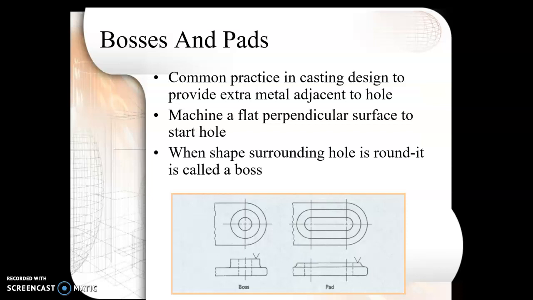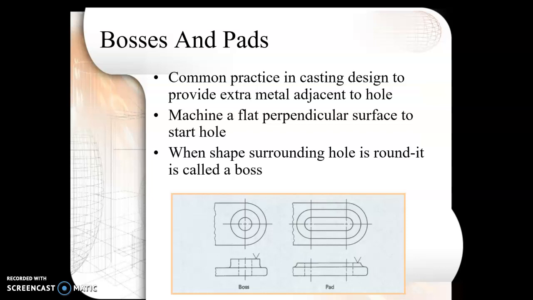Essentially, a boss or pad is an area surrounding a hole that has increased thickness, typically to provide strength to that hole. The difference between a boss and a pad is that a boss surrounds a circular hole and a pad surrounds a slotted hole.